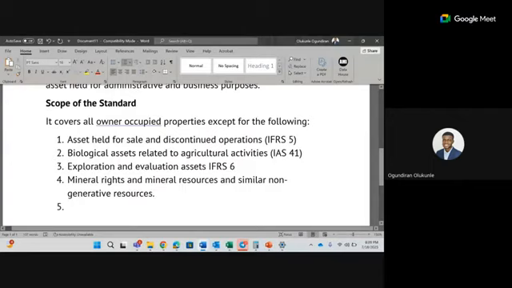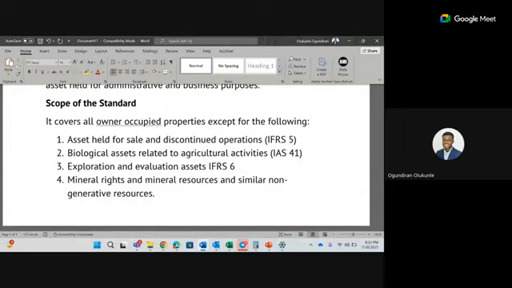So again, don't forget that the standard is specific to only owner-occupied properties. So it does not apply to investment properties, especially when the investment property is held under fair value model.